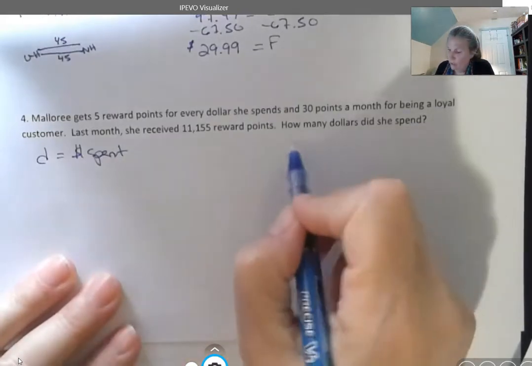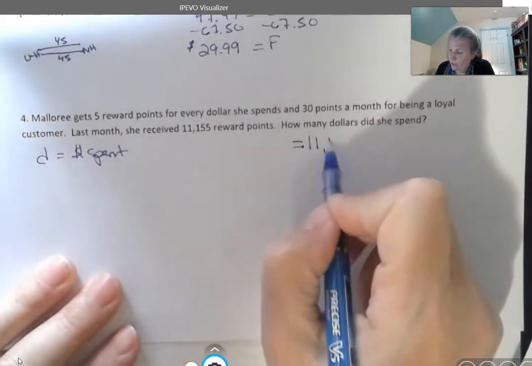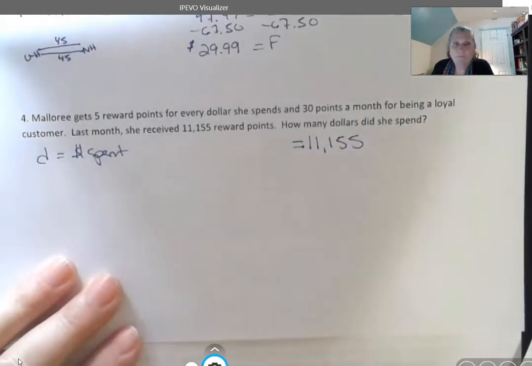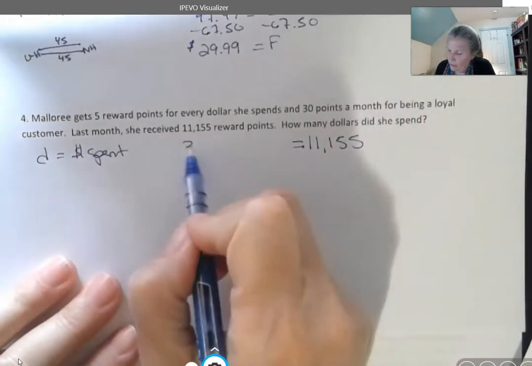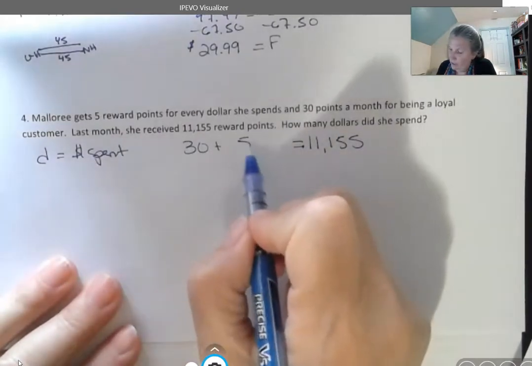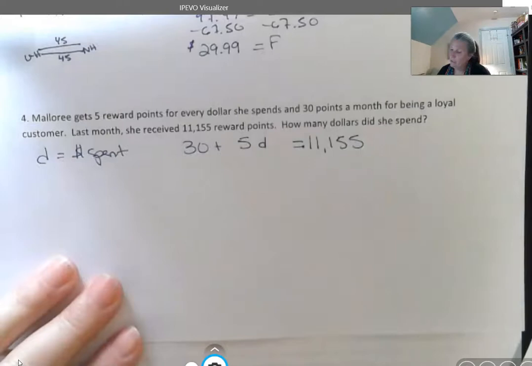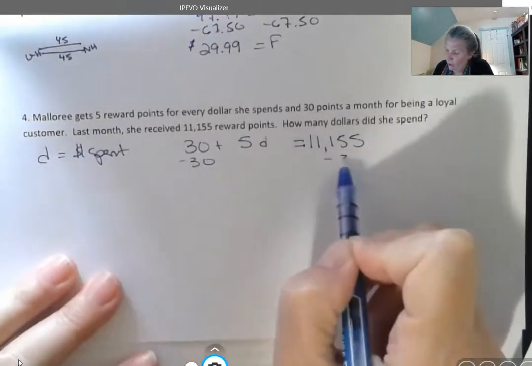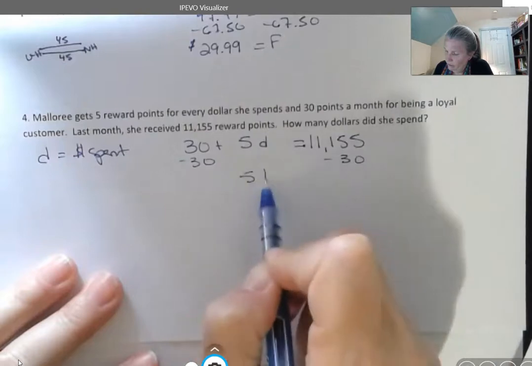We know that overall she earns 11,155 reward points. We know that she gets a base amount every month of 30 points. And she gets 5 reward points for every dollar spent, so that's going to give us 5D. All right, so now we're going to subtract 30 from both sides.